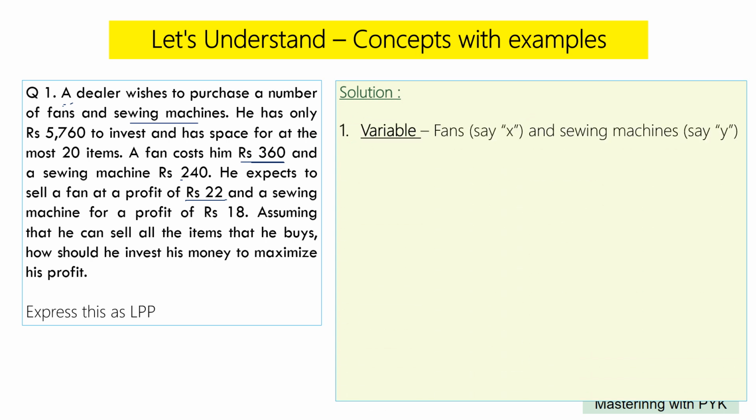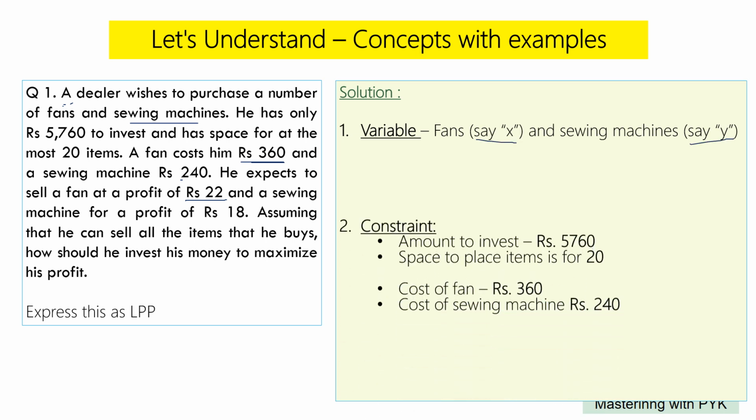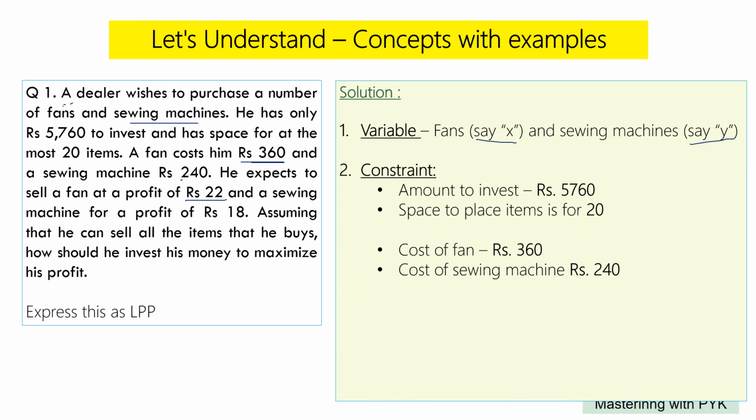The variable fan is denoted by X, and the sewing machine is denoted by Y. Now the constraints: we had 4 constraints. One was the amount of investment, second was the space, and at the same time the cost of the fan is 360 and the cost of the sewing machine is 240 rupees.